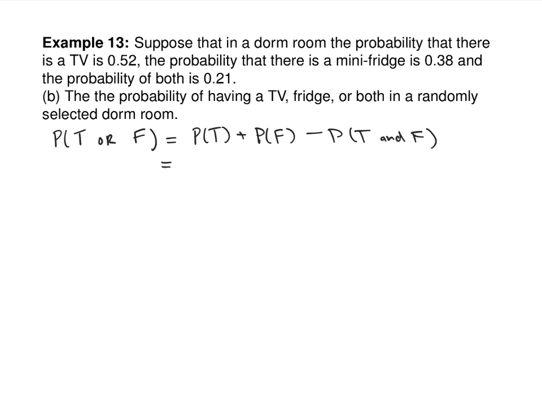So the probability of a TV's presence is 0.52. Probability of a fridge is 0.38. Probability of both is 0.21. So this works out to be 0.69.